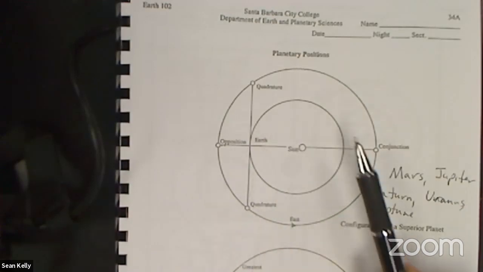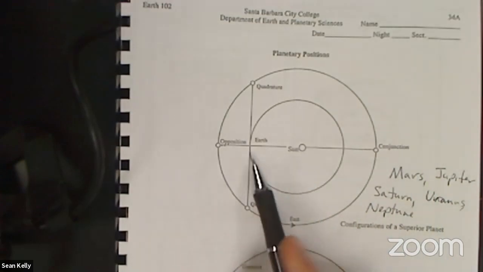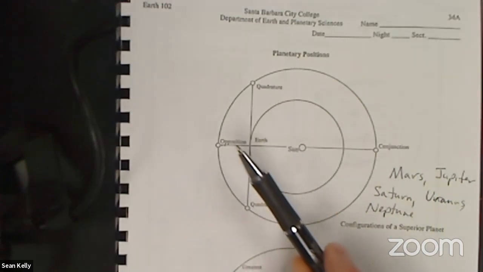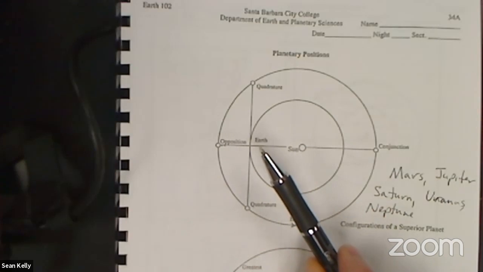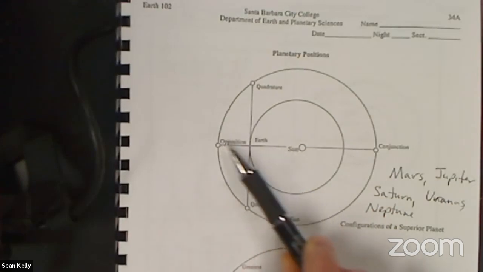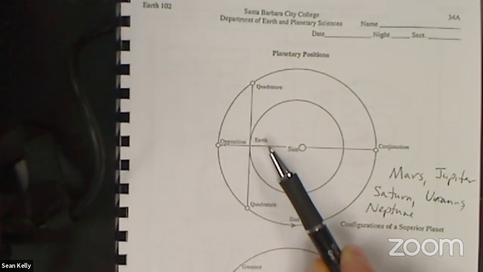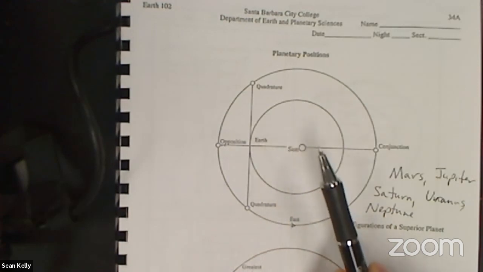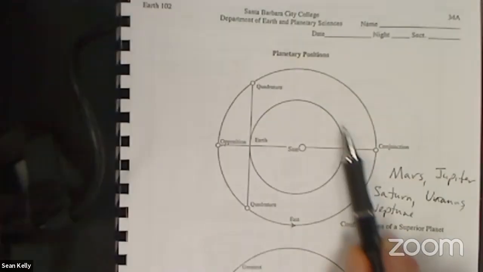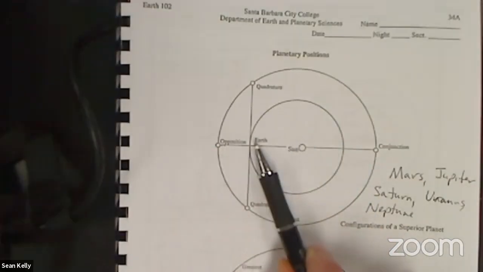Not only does it take less time, but it's moving faster, okay? Both things are true. So if I were actually talking about who passes, which planet is passing the other planet, is the Earth passing this one, or is this one passing the Earth? The Earth is passing that one. The Earth, which is in the inner orbit, is going to be passing this other planet.